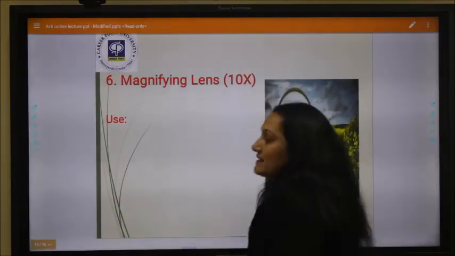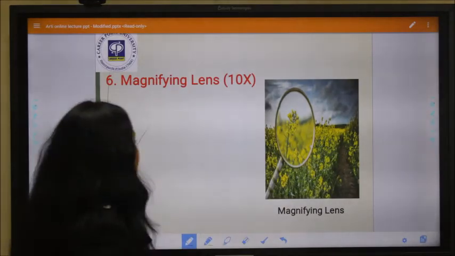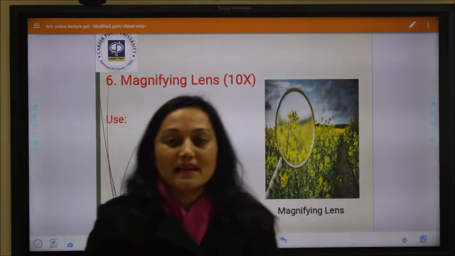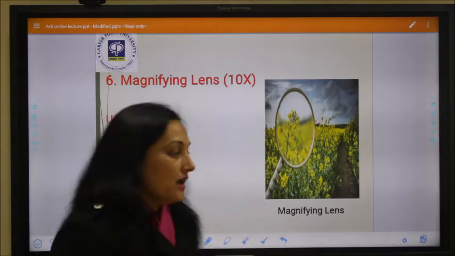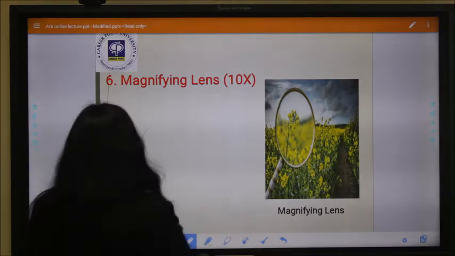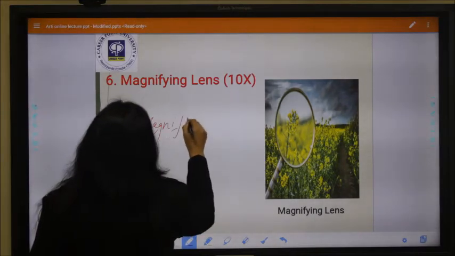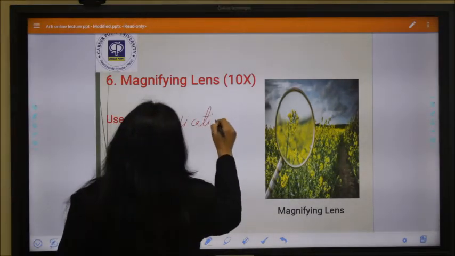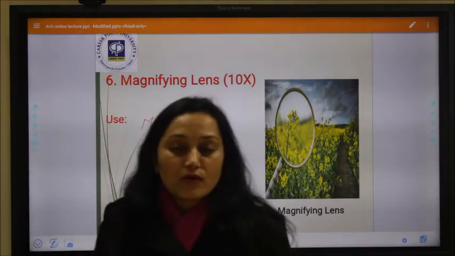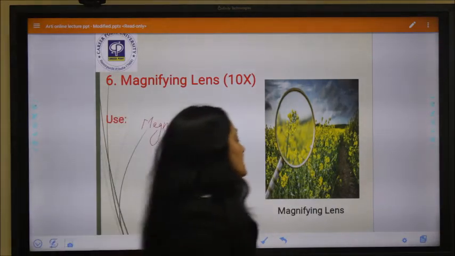Next requirement is magnifying lens or magnifying glass of power up to 10x. And what is the use of this magnifying lens? It is known to you all that its use is magnification. It is used to magnify the micro-morphological characters of the plant specimen.